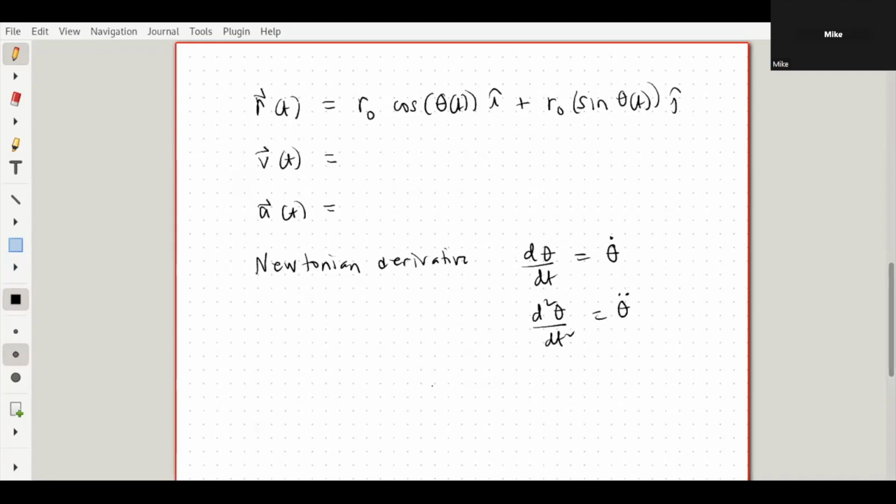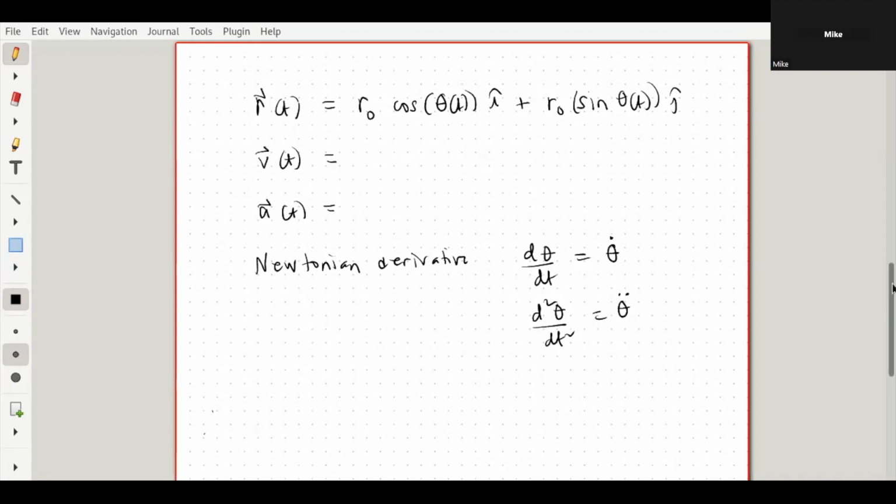I just want you to get used to this notation because it appears in higher physics texts. Later, the generalization will be r dot, r double dot. But we're considering circular motion here, so r sub 0, the radius, stays constant.